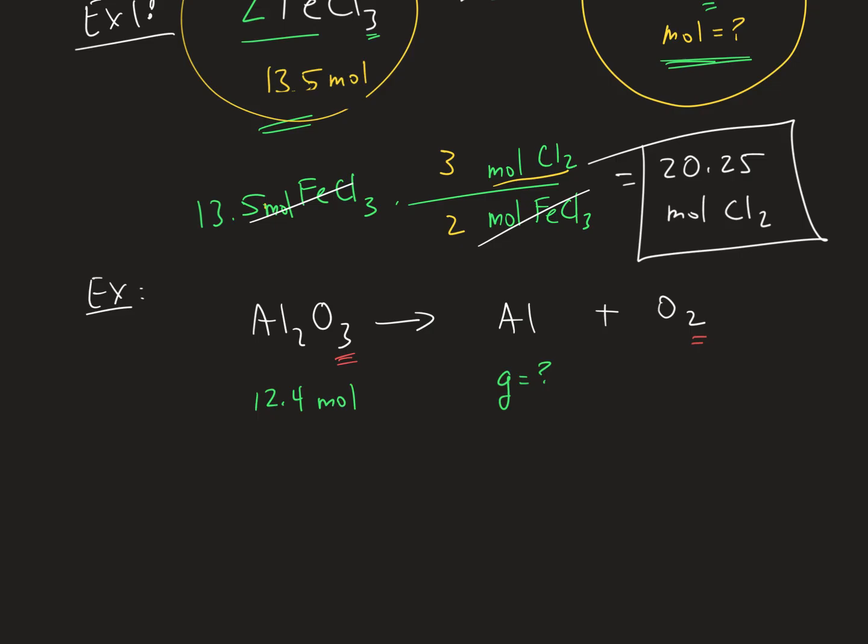Sometimes, not always. We have 3 oxygens on the left, 2 on the right. What happens when we have even and odd? Least common multiple is 6. So I'm going to multiply that one by 2, this one by 3. My oxygens are good. And now I have how many aluminums on the left?